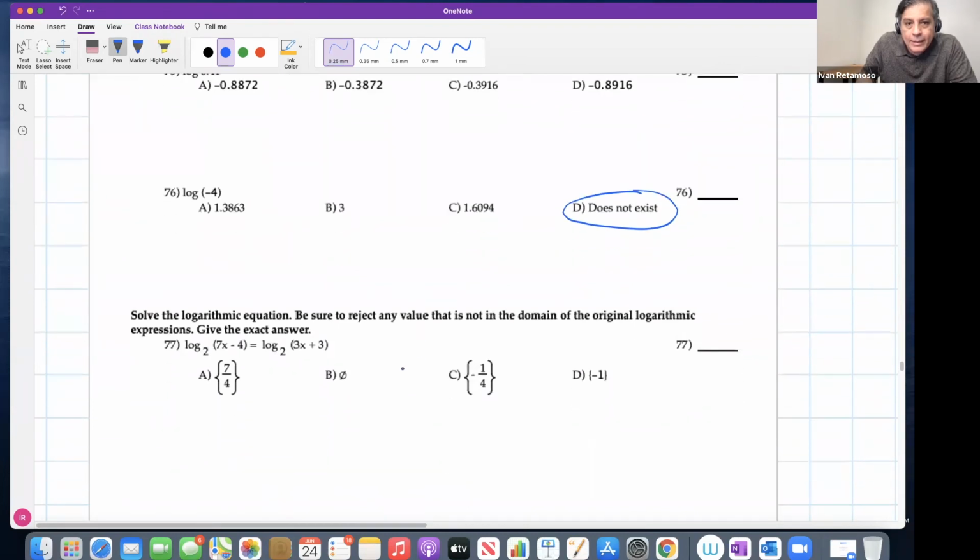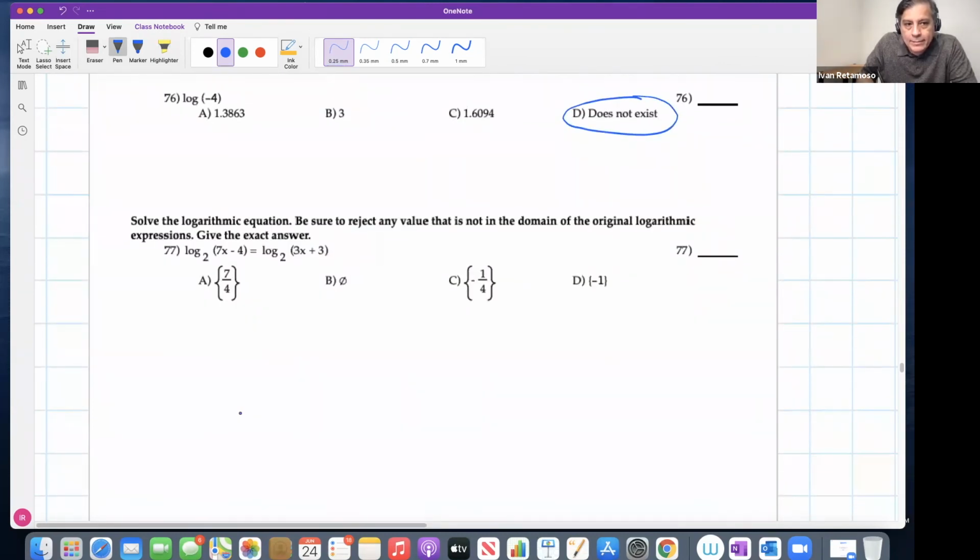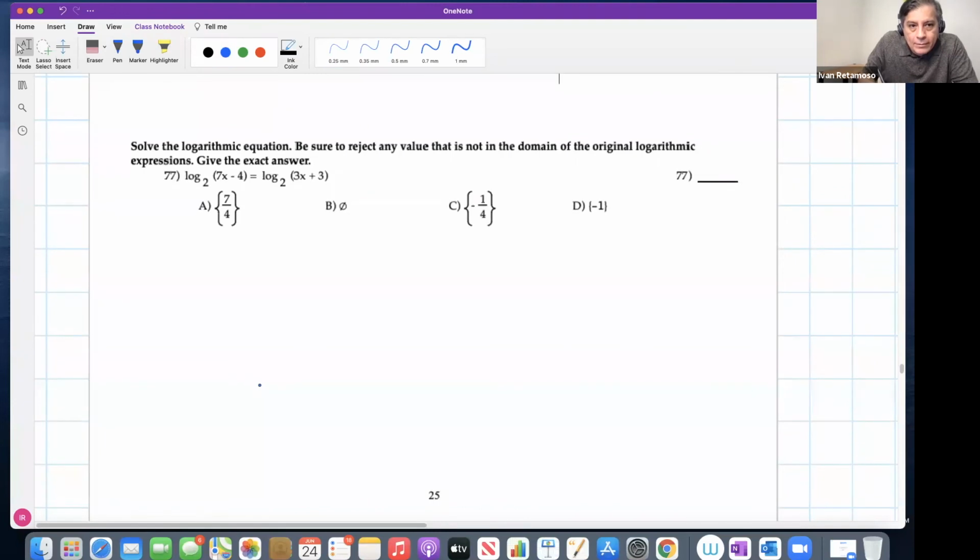Recall, we have reached this part, the logarithmic functions. What is log base 2 of 7x minus 4 equal log base 2 of 3x plus 3? What is x? Whenever you solve a logarithmic equation showing the same base for the logs, you are allowed to drop them and just keep the arguments right there, and you set them equal to each other.